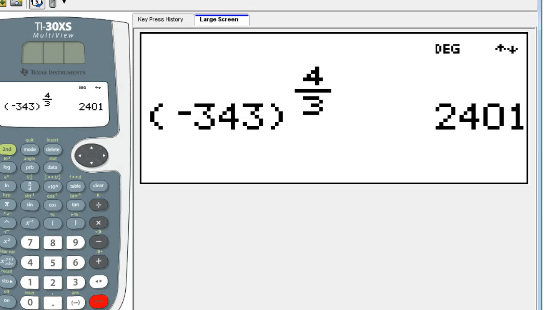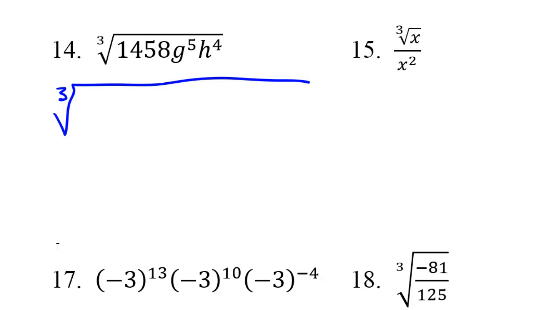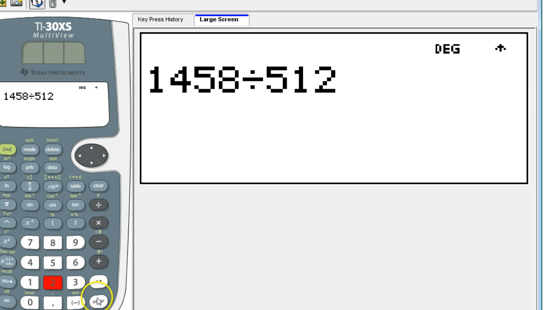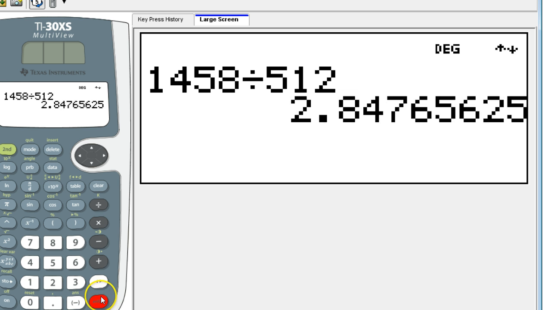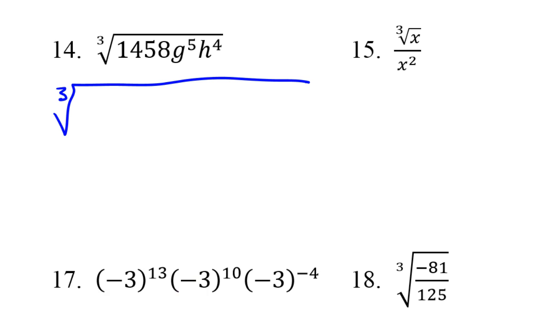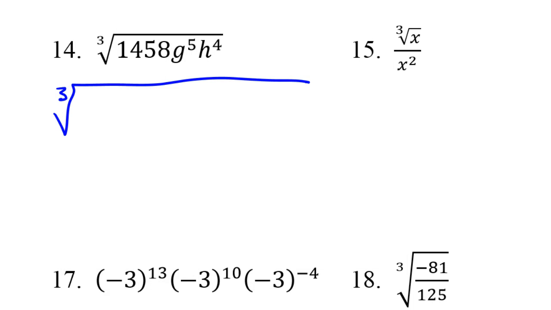Okay, so I'm going to go like this. 1,458. And I'm going to try to divide that by 512. See if it goes in evenly. Nope, 512 doesn't go. Alright, the next thing on my list is 343, so I'll try that.